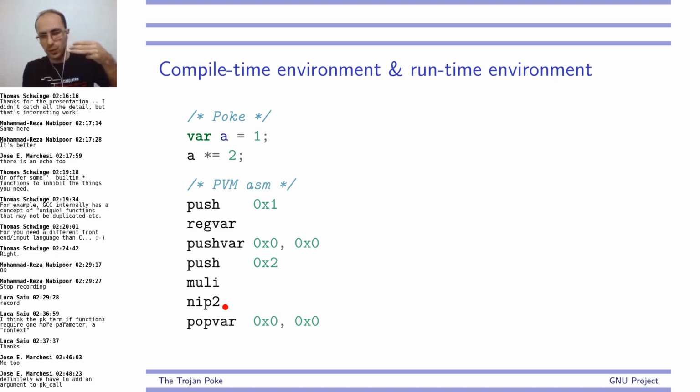The nip2 will get rid of the second and third item on the stack, so you have only 1 at this point. And here we are going to pop this value off the stack and put it in the current lexical environment, in the first entry. Okay, is it clear or is there a problem? You can ask now.